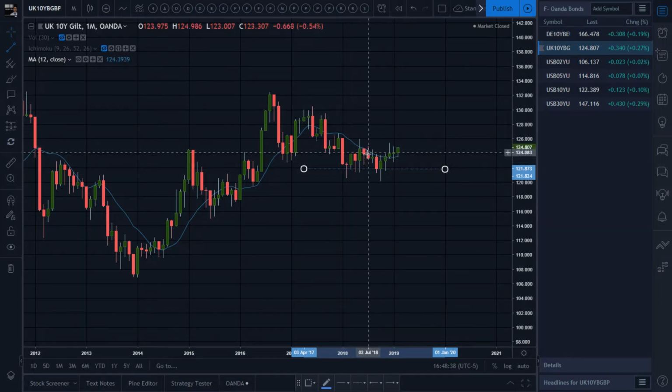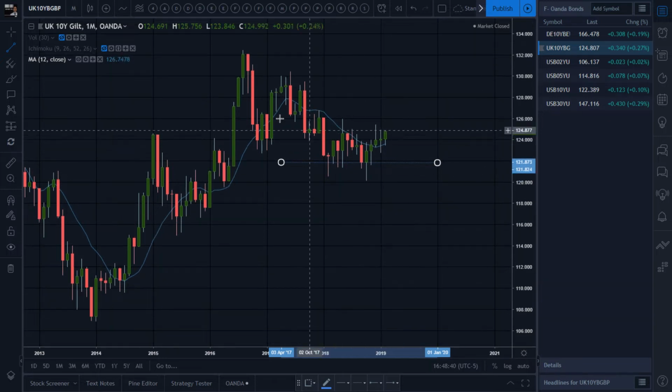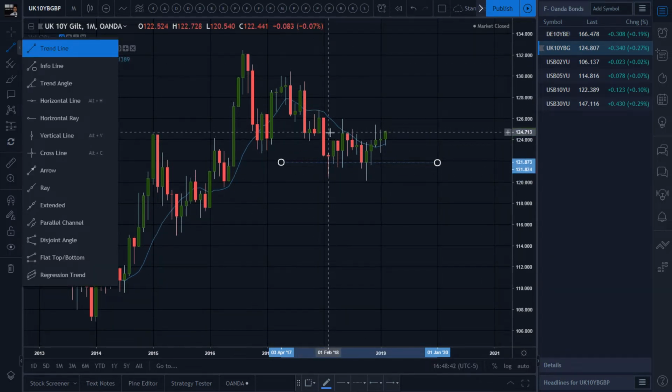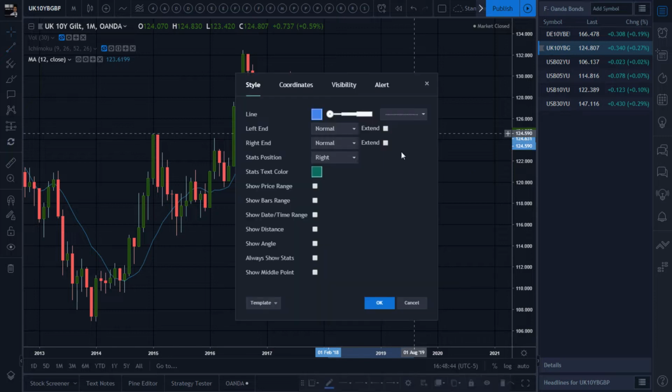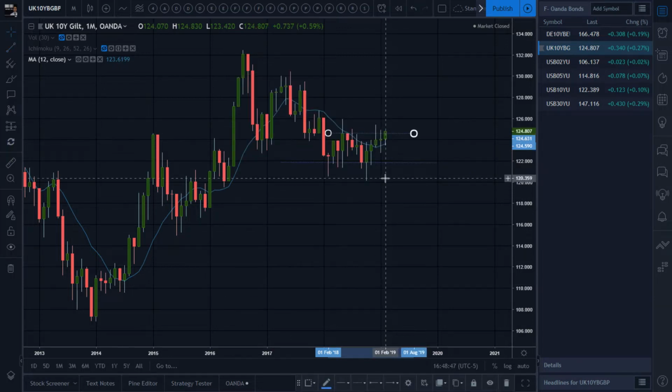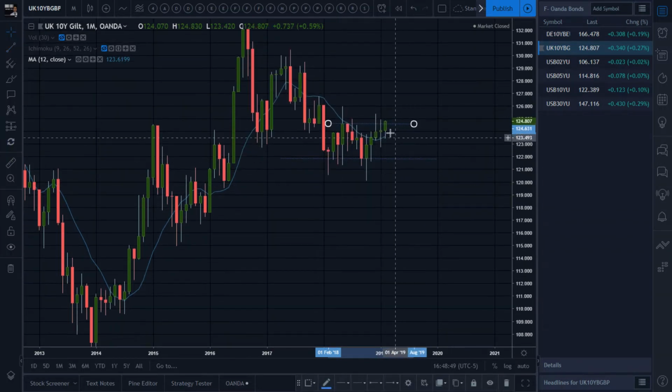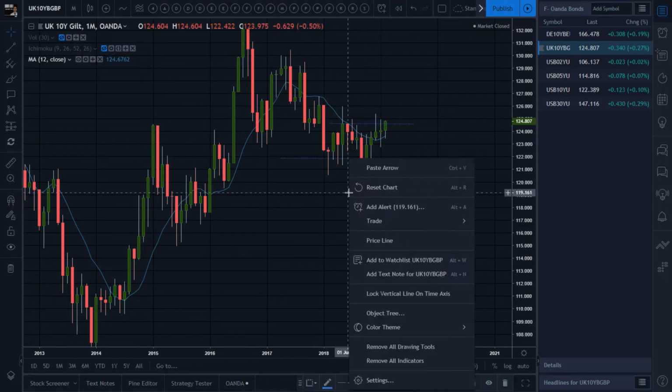Right now, I'm going to zoom in. Whoa, right there. This one also breaking up above monthly defined resistance. So both going through critical levels for the 10-year German bond, the UK 10-year bond.